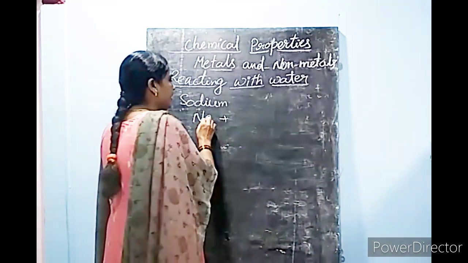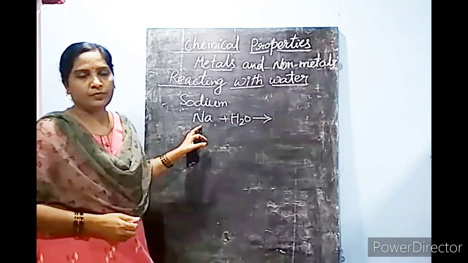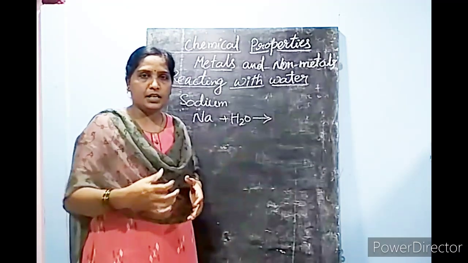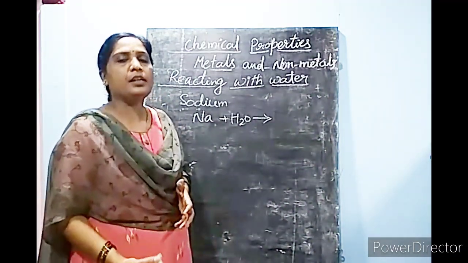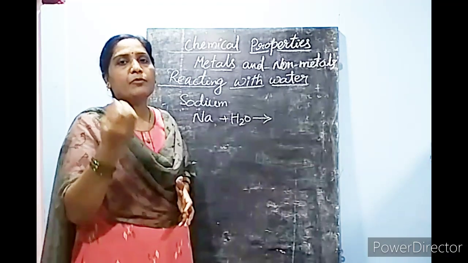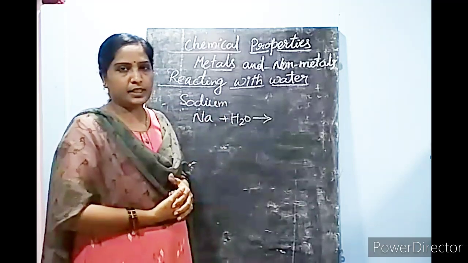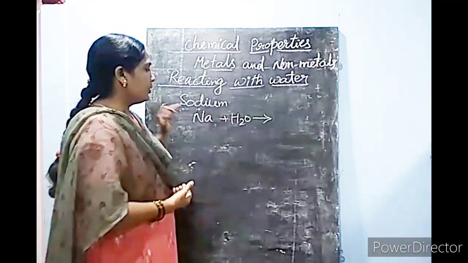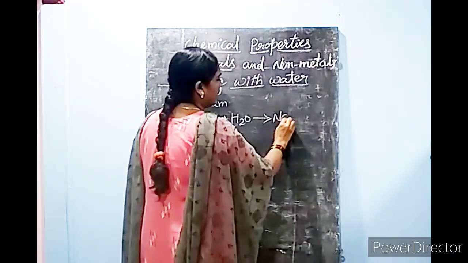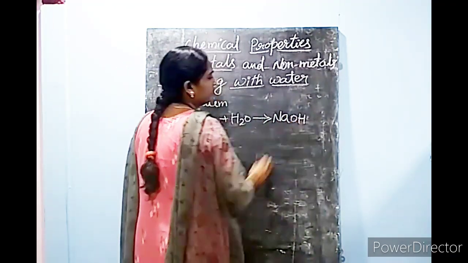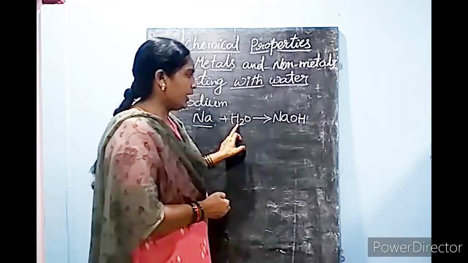So now you are making this sodium react with water. You can easily see how the sodium is moving inside. Sometimes it even releases some fire also, so you should be very careful when you are doing this experiment. Vigorously it reacts with water and forms sodium hydroxide.